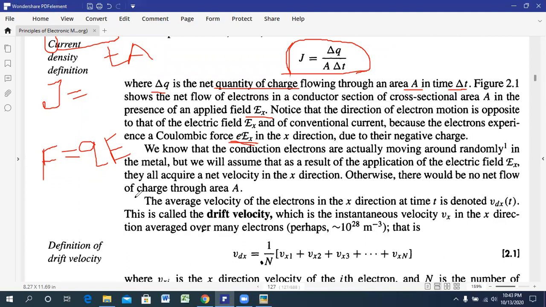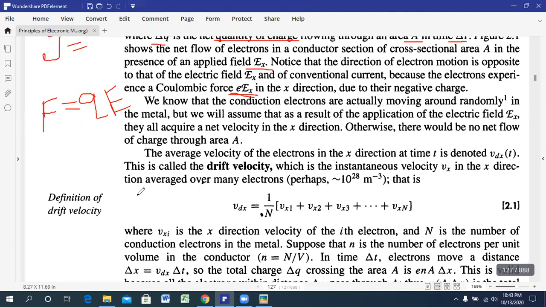Okay. Now, let us assume that the average velocity of an electron in the X direction at time t is denoted by Vdx. That means the average velocity of the electron in the direction of X. So say for example, I have n number of electrons.